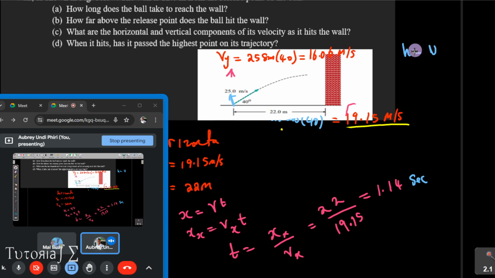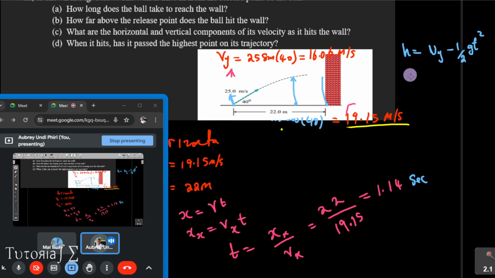So height is equal to velocity in the y, and since we're going up, against gravity, we use negative half gt squared. Are you getting that?